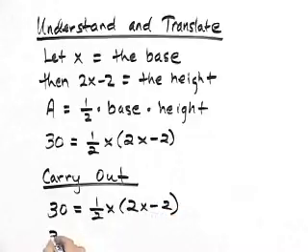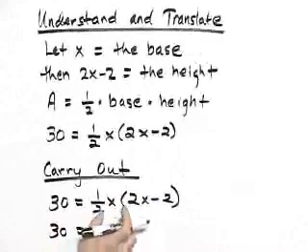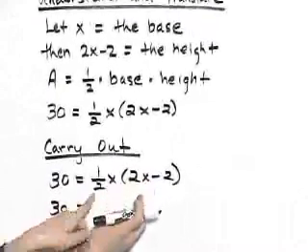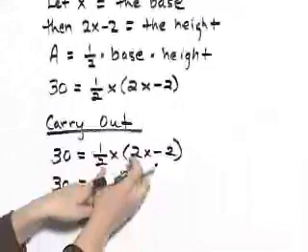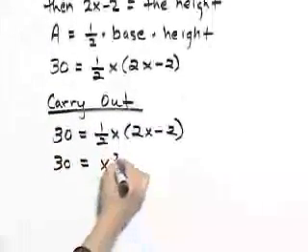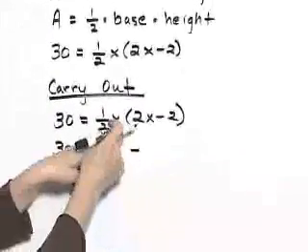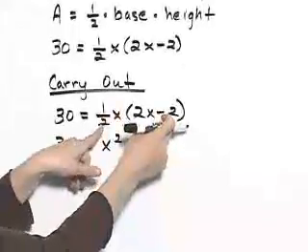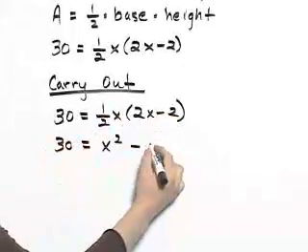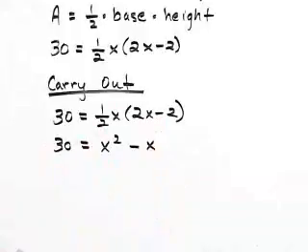So on the left-hand side, we'll have 30. I'll have 1/2 x times 2x. Notice that 1/2 times 2 is actually 1, so I'm left with x squared. 1/2 x times 2, again, 1/2 times 2 is 1, so I'm left with x.